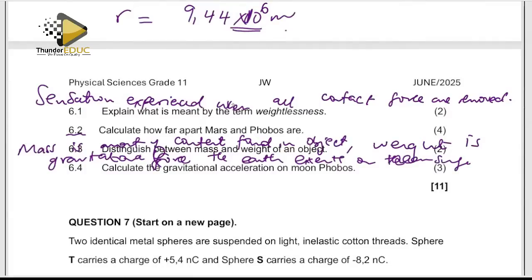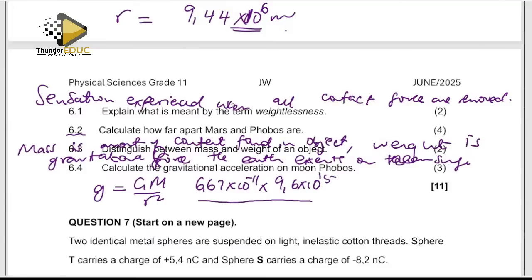Then calculate the gravitational acceleration of the moon Phobos. So we know that g will be given as GM divided by R squared. So 6.67 times 10 to the negative 11 multiplied by the mass of Phobos, which is 9.6 times 10 to the exponent of 15. We're dividing it by the radius.